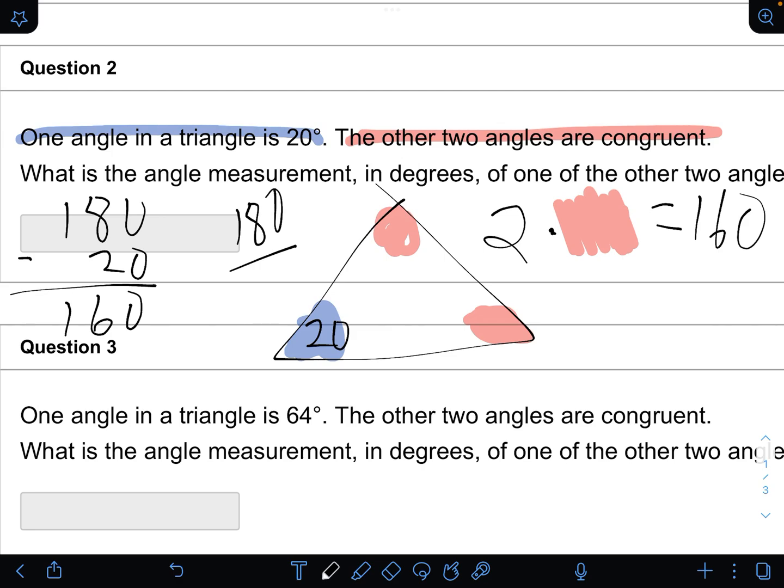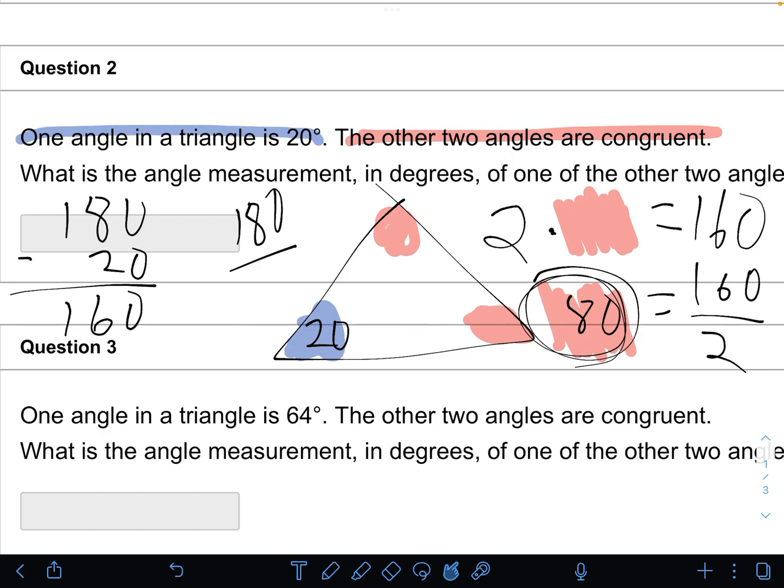Or you could say something is half of 160. That something is 80, and you'd be correct. That would be our answer.